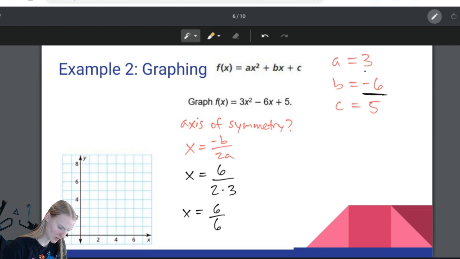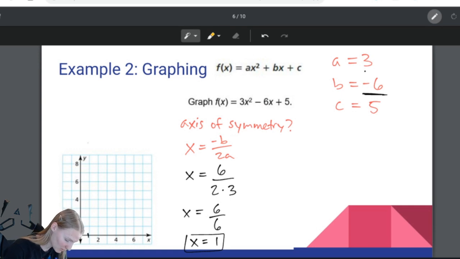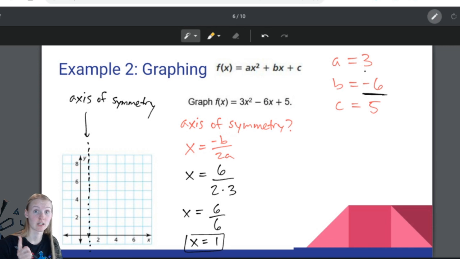What's 6 divided by 6? That's just 1. So immediately, I'm going to put on my graph, right where x equals 1, our axis of symmetry. And that's very important, and I'll show you why in a little bit.